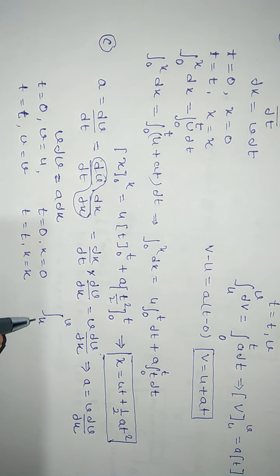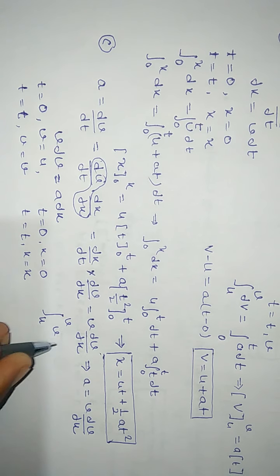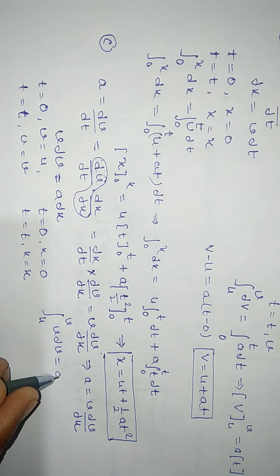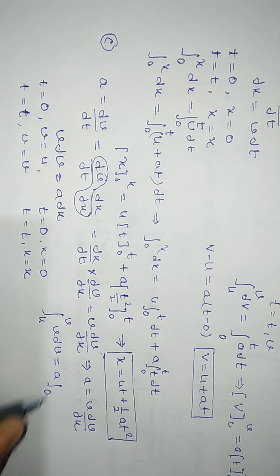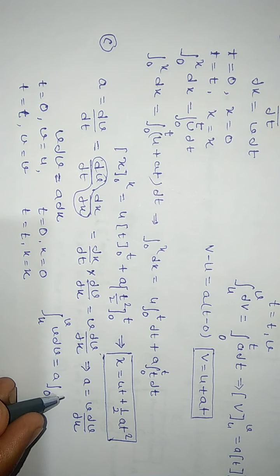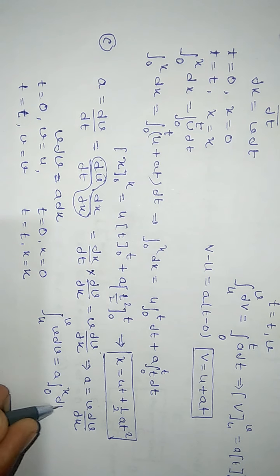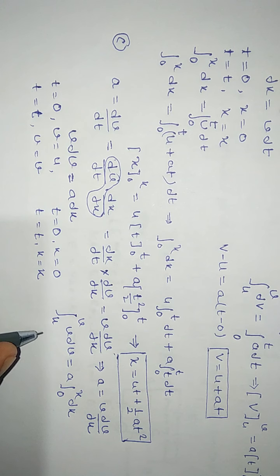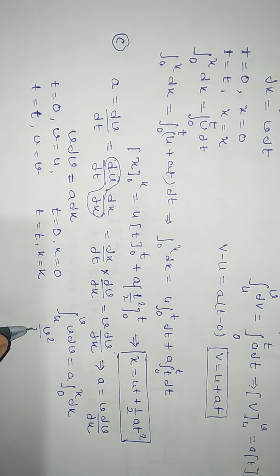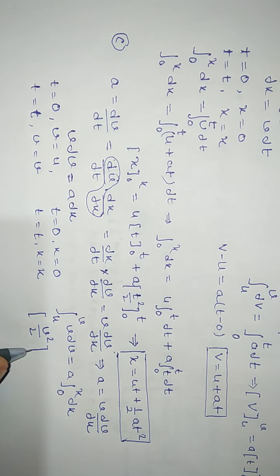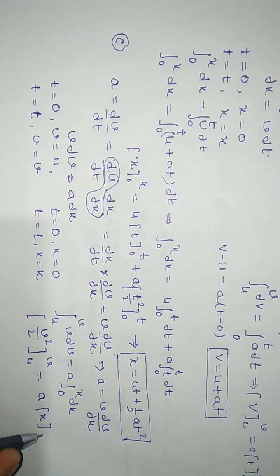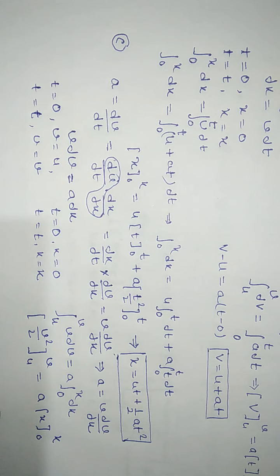So integrating within the limit u to v, v dv is equals to a integration limit 0 to x dx. Now the integration of v will be v square upon 2, and the limit is from u to v is equals to a x limit 0 to x.